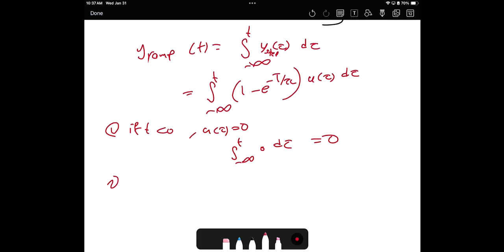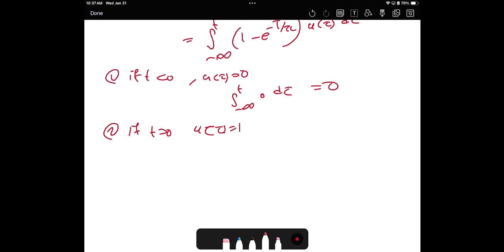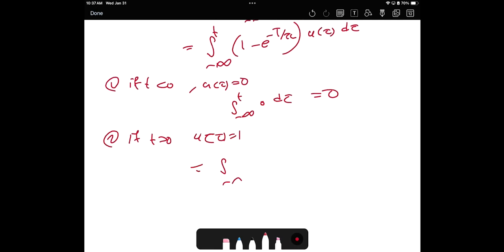Case number 2, if t is larger than 0, then u of tau will be 1. Now I'm ready to do the integration. So it will be the integral from negative infinity to t of 1 e power negative tau over tau c, u of tau, d tau. Now I need to do this integral.